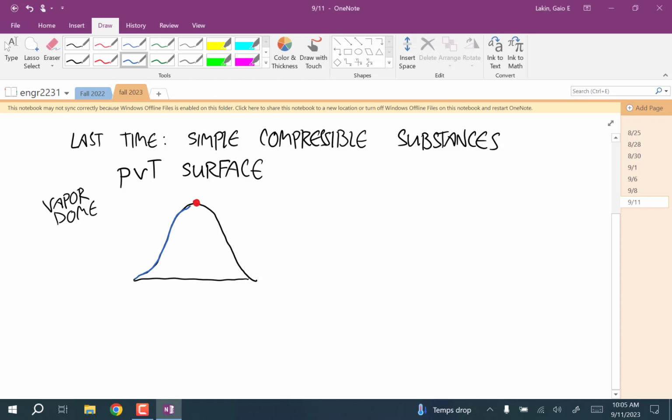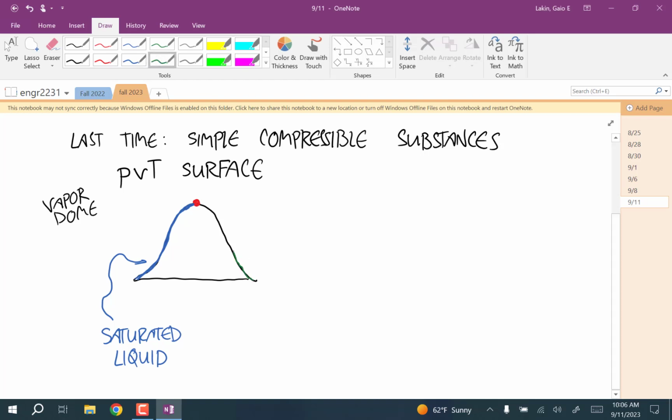Over here, we had a saturated liquid. So anywhere along that line, we have liquid that if you add any more energy to it, it's going to turn to gas without the temperature changing.